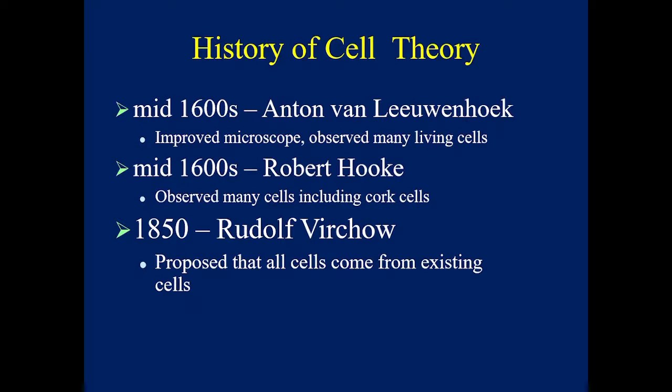Robert Hooke especially observed cork cells, and many cells including cork cells. So these two scientists contributed much in this field in the 17th century. In the year 1855, Rudolf Virchow proposed that all cells come from existing cells. He was the one who proposed it first.